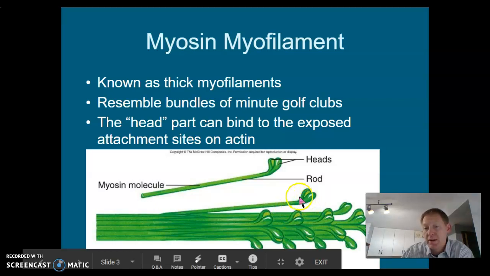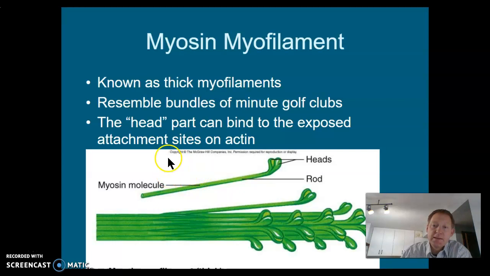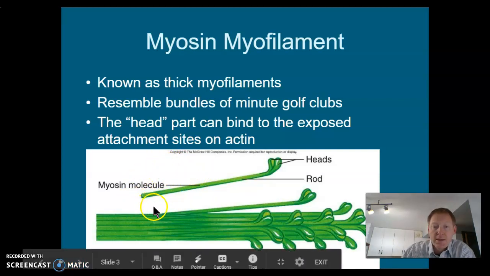It has one end that faces one direction, and then the other end looks like a mirror image of this. So you have these heads at both ends, and they're facing opposite directions. The head is the part that can bind to the actin on those little yellow dots. And that's what's going to happen when we start contracting the muscle.